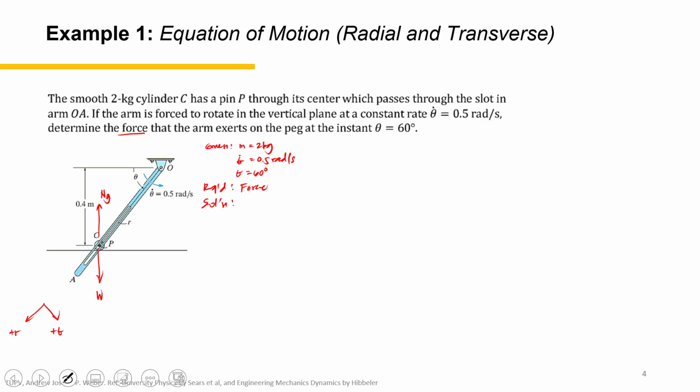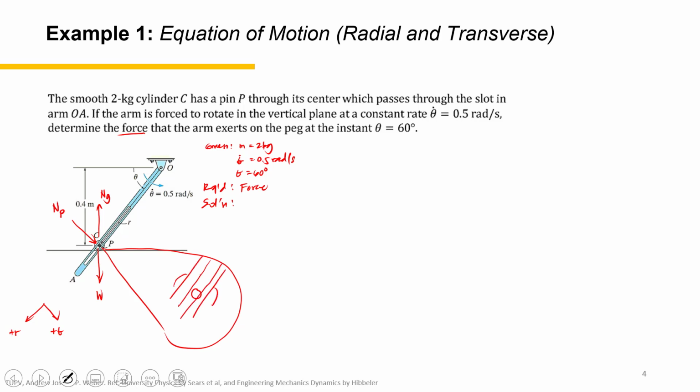Let's still call it a normal force, the normal force by the arm, or normal force P. If we magnify this, you can see that this is the peg and this is the arm.